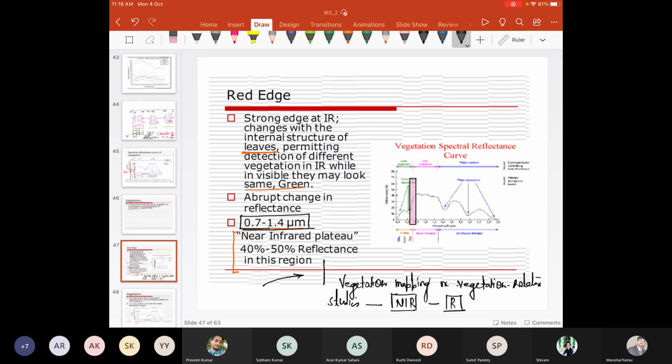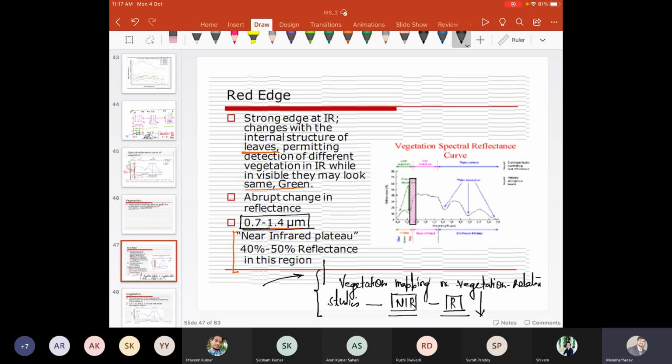Why is it so? Because in the red band you have the lowest reflectance, while in the NIR band the reflectance is 40 to 50%. I will discuss this later when we see data processing. Why are the NIR band and red band important? For identifying vegetation and for other vegetation related studies.